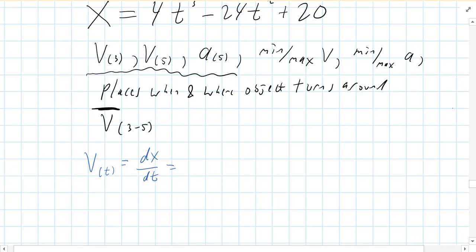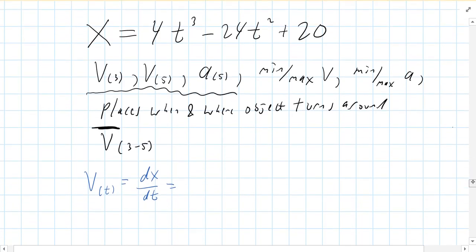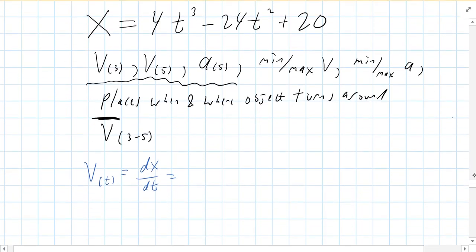So we're going to use our polynomial rule to take the derivative of the position function with respect to time. So the first term, you take the 4 times the 3 and you get a 12, and you get t, and it's 3 minus 1, so it's t to the second, minus 24t squared. You take 2 times 24, you get 48, and then it's t to the first, which I'll just write as t.